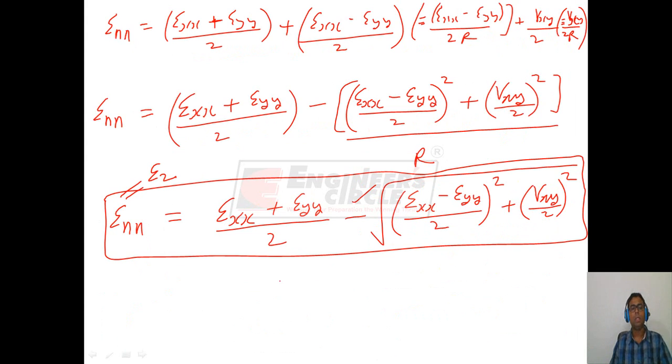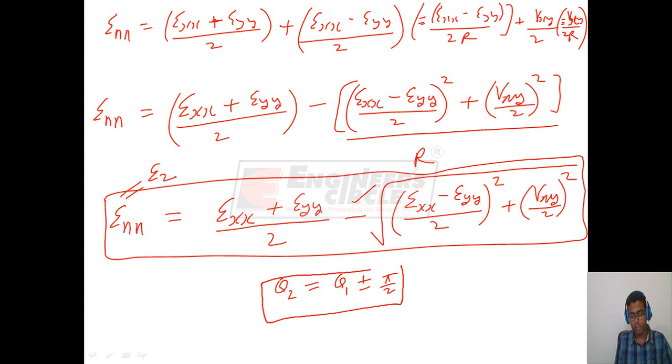So we have found principal strains in terms of epsilon xx, epsilon yy and gamma xy, and the principal directions are given by tan 2 theta equal to gamma xy by (epsilon xx minus epsilon yy). The principal directions are theta 1 and theta 2, and they are perpendicular to each other. That is, principal directions are orthogonal to each other at a point.